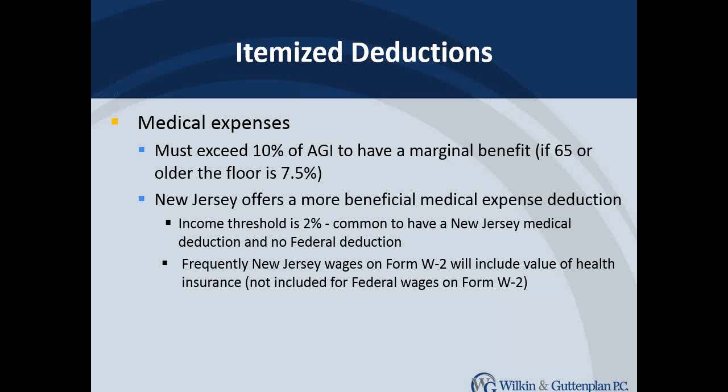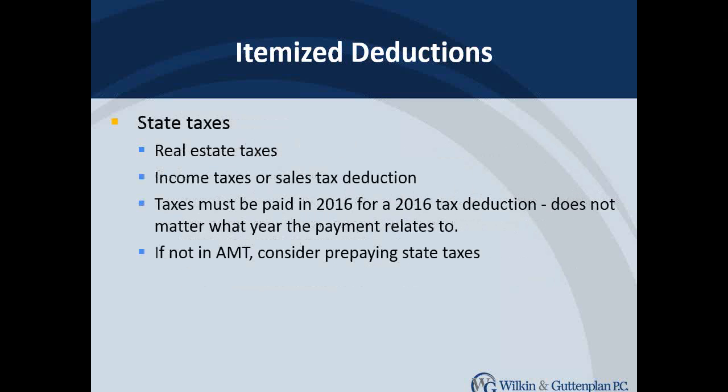Because you're paying tax in New Jersey on those premiums as income, you're entitled to deduct them as a medical benefit. So if you look at your W-2 and see a difference between your federal and New Jersey wages, it very well may be that there are medical expenses that would qualify as a deduction for New Jersey purposes. So it's just something to look for.